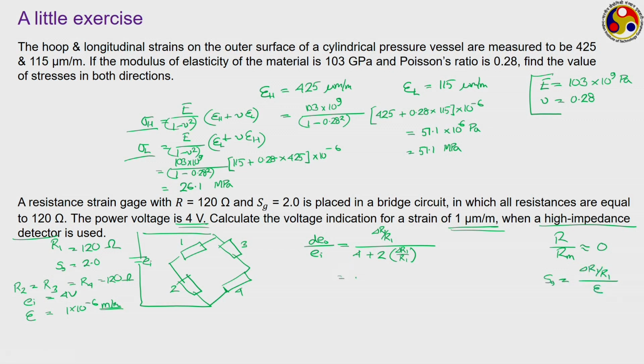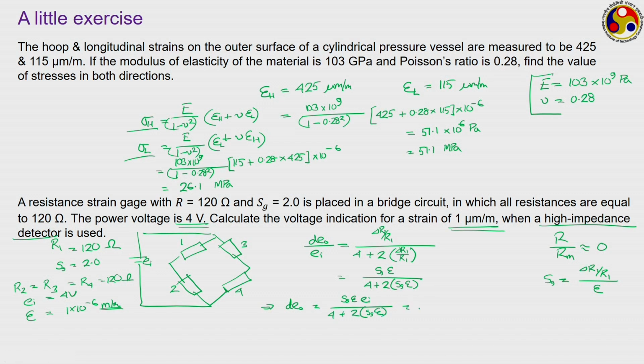So, if we replace this one, then we have Sg epsilon in the numerator divided by 4 plus 2 into Sg epsilon, which means dE naught is equal to Sg epsilon into Ei divided by 4 plus 2 into Sg epsilon.